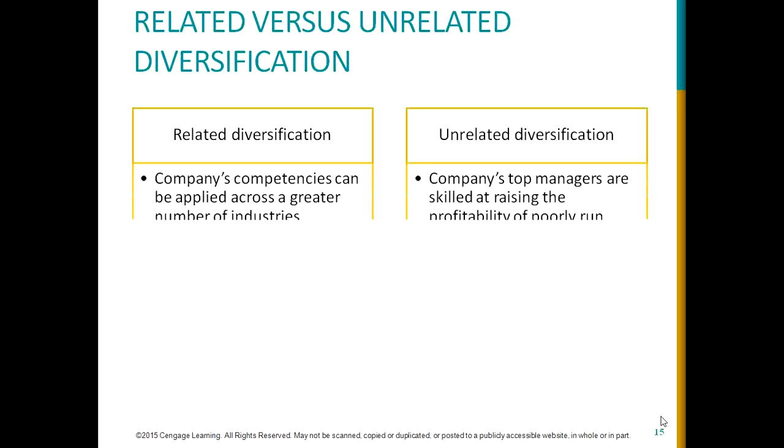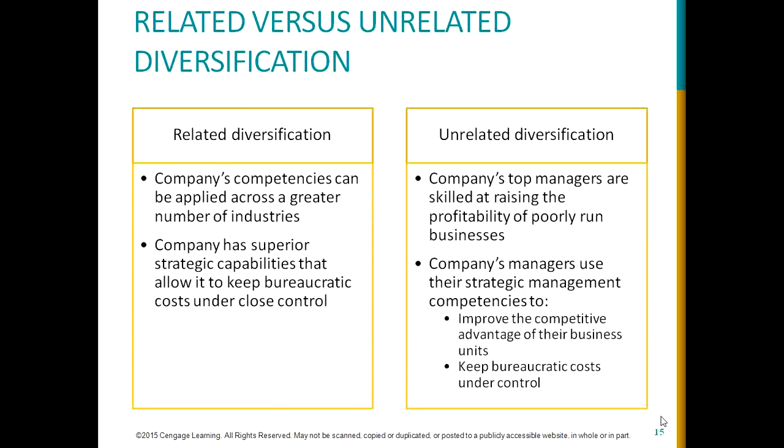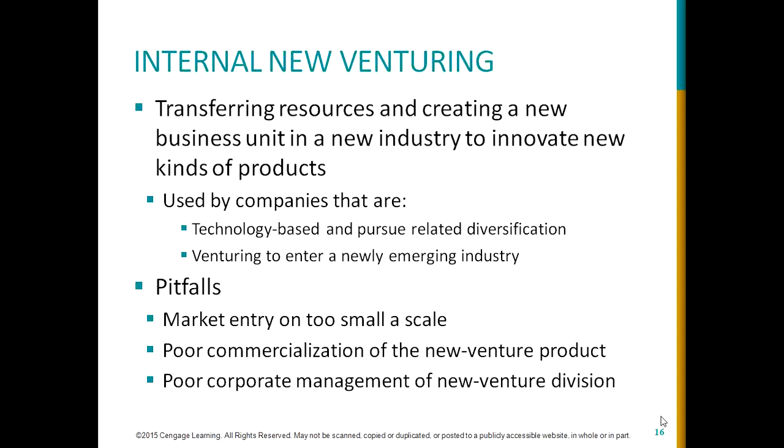Now, related versus unrelated, you can just give a comparison if the question comes to you and asked about it, and nothing new. Internal new venturing, this is another part of related and unrelated diversification, transferring resources and creating a new business unit in the industry to innovate new kinds of products, used by companies that are technology based and pursue related diversification.